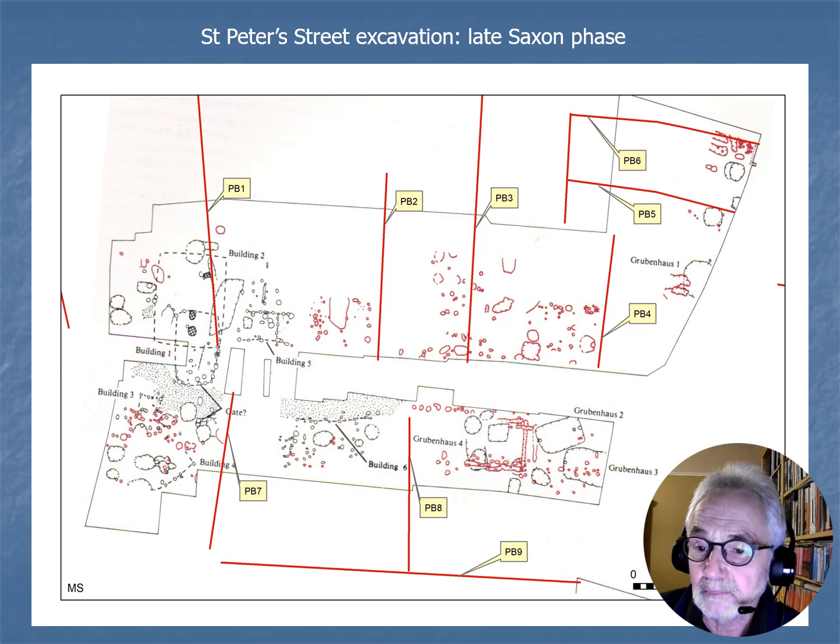The lack of correspondence between the pre-conquest layout and the Victorian plot boundaries is of particular interest, because elsewhere, most notably in the Coppergate excavations at York, Victorian and later boundaries have been shown to date back to the late Saxon period.